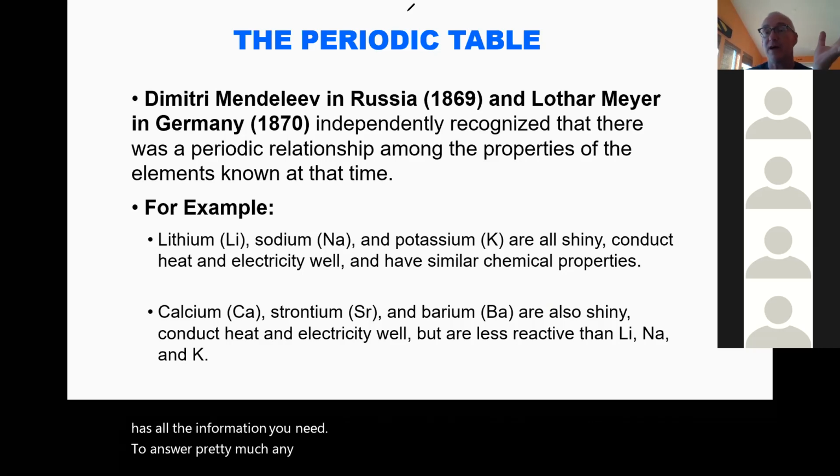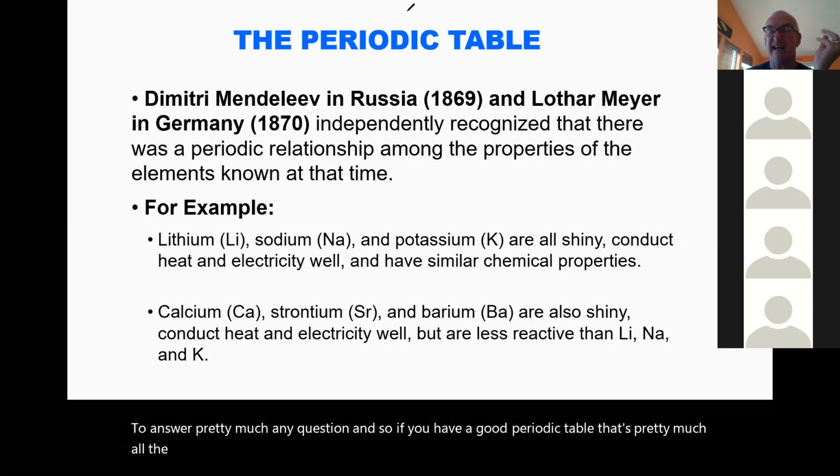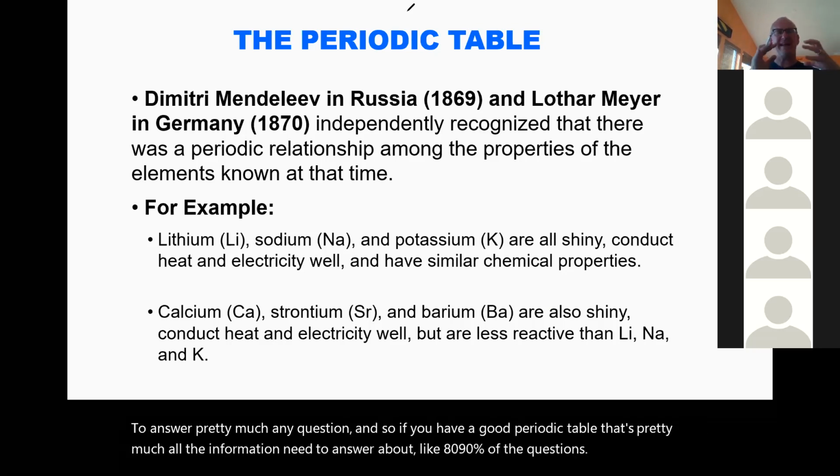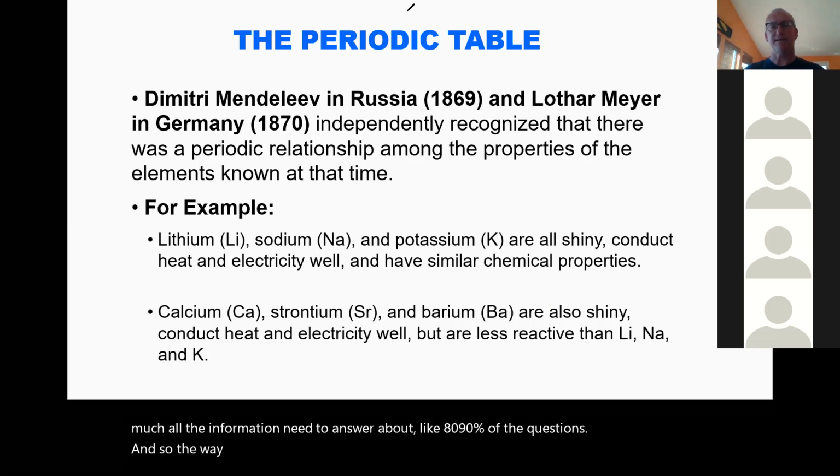If you have a good periodic table, that's pretty much all the information you need to answer like 80, 90% of the questions. And the way it's organized is unique, and the way it's organized gives you a lot of information.